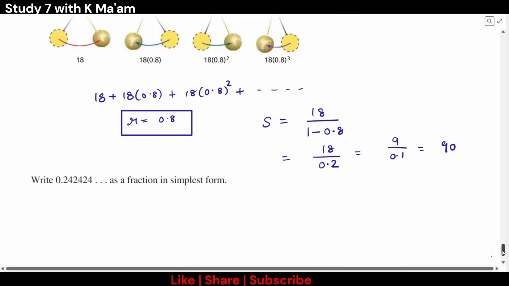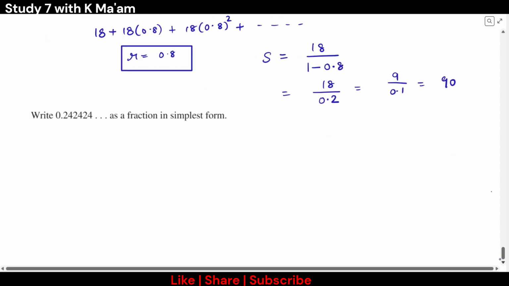Next, write this term as a fraction in simplest form. What is given is a non-terminating, repeating decimal. Every non-terminating, repeating decimal is a rational number, so we have to find that rational number.